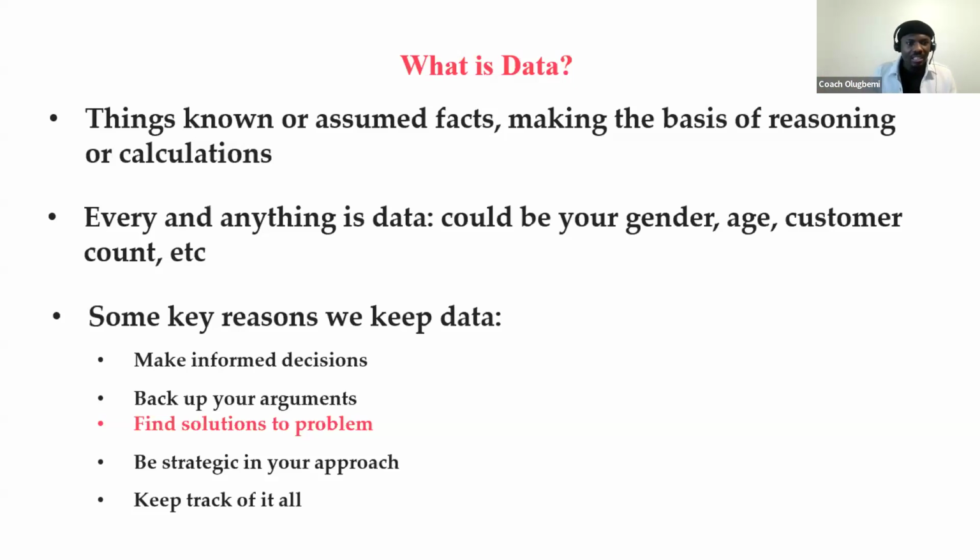So we keep track to see how our payments for subscriptions are working, because we can't just keep paying Google to help us push our product if they are not getting results. And from time to time, we saw that Google is bringing in more customers to us than Bing. Of course, Google is bigger. So we will increase our advert money for Google and reduce our advert money for Bing. So that is how you can use data to make decisions, to keep track of things, and do a whole lot of stuff.